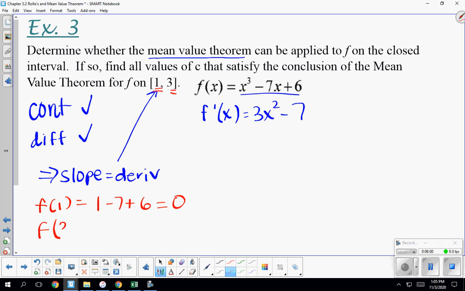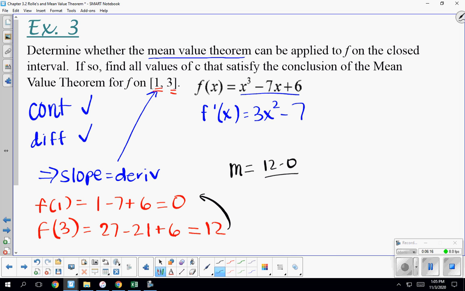And now we're going to plug in 3, and we're going to get 27 minus 21 plus 6, and we're going to get 12. So when we find our slope, it's going to be our y value minus our other y value, all over x minus x. And we get 12 over 2, or slope of 6.